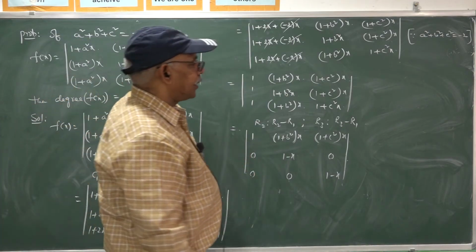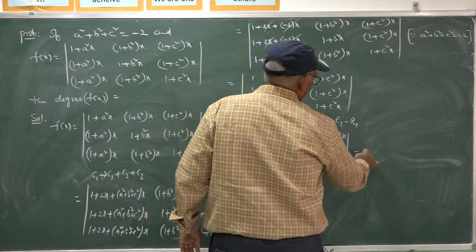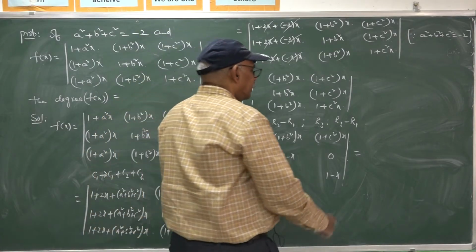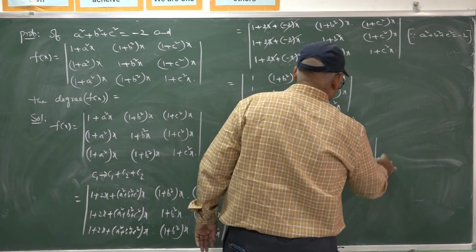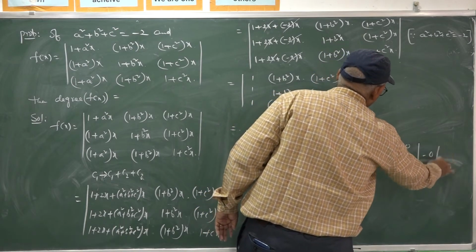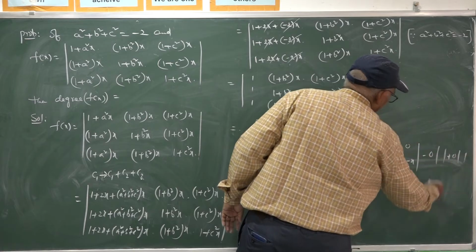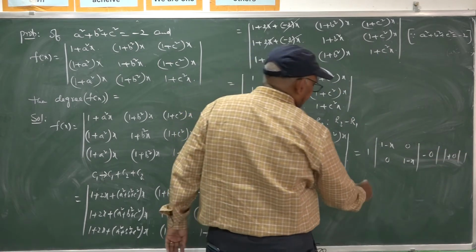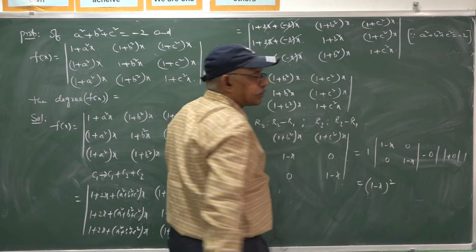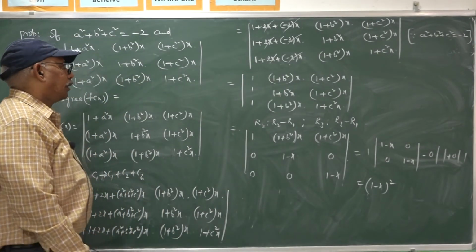Now evaluate by expanding the determinant about the first column. 1 into 1 minus x, 0, 0, minus 0 into this, plus 0 into this. The two terms become 0. So the total value is 1 minus x whole square, by evaluation of this 2 by 2 determinant.